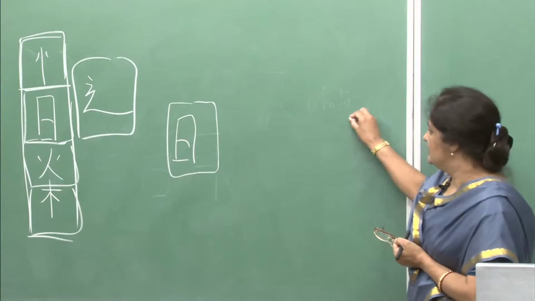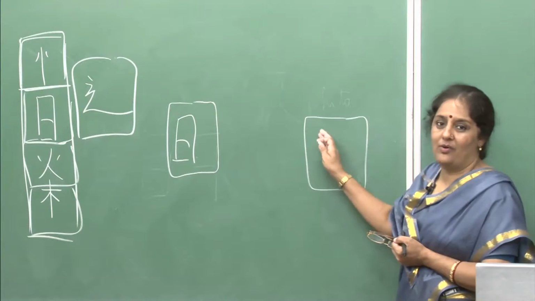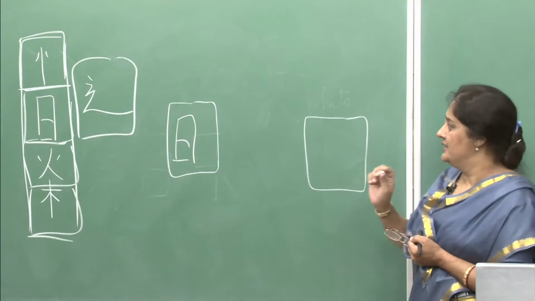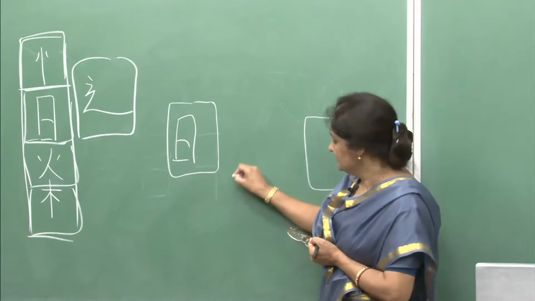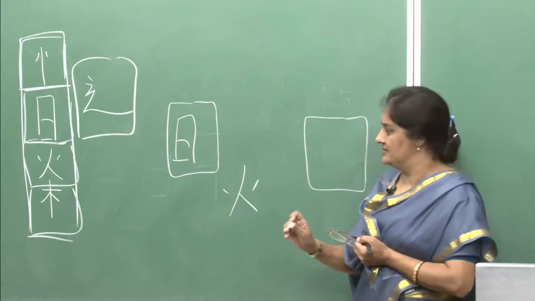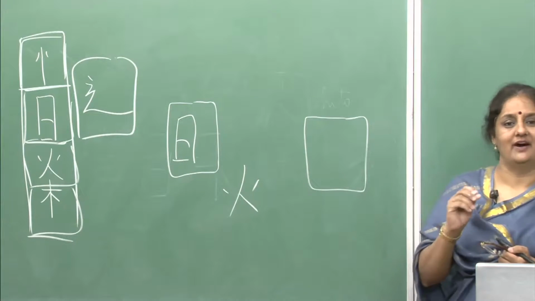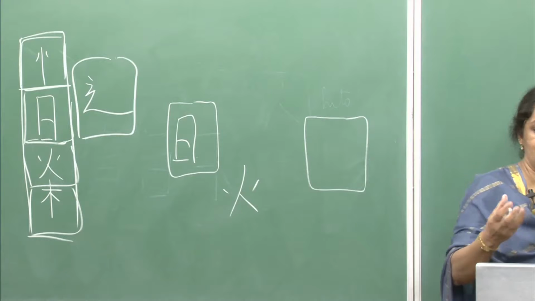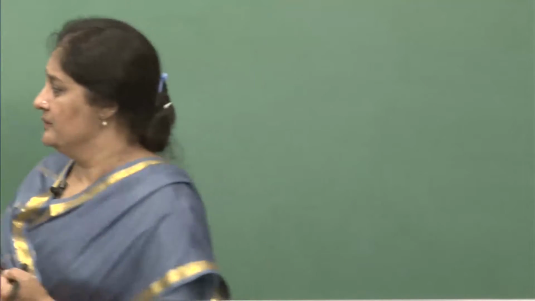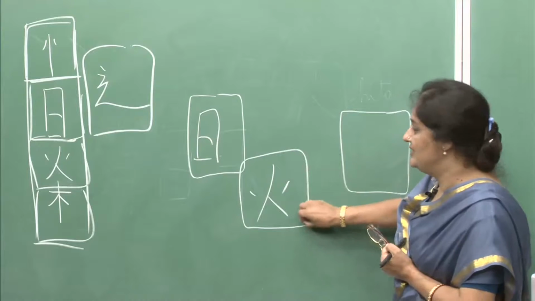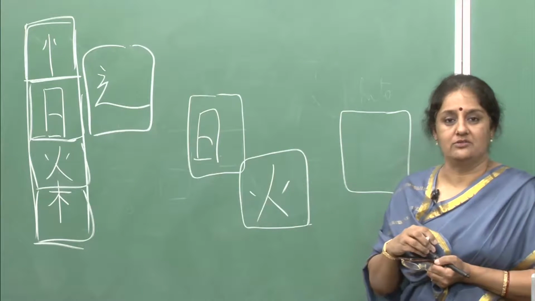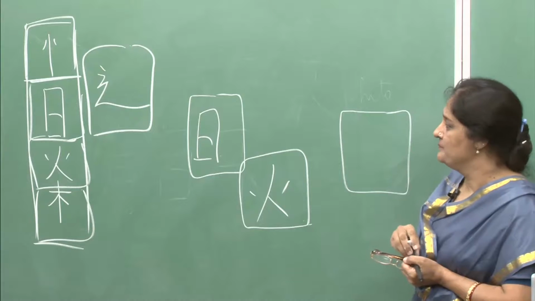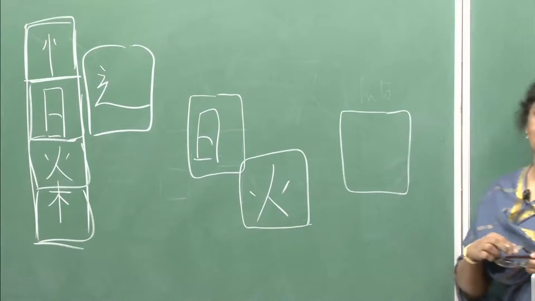So, a kanji is formed with the help of radicals. For example, this character is fire. We all know that. If there is something we want to say related to fire or heat or burning or roasting, frying, then this character will generally be there in the kanji, in the pictogram. So, this is how radicals are, and they tell you more about the kanji.